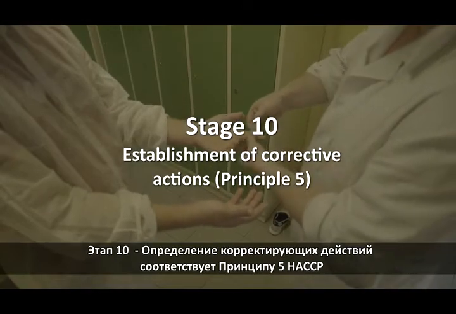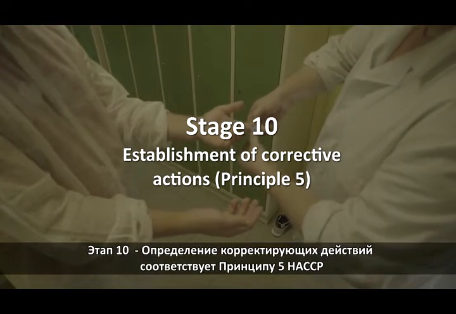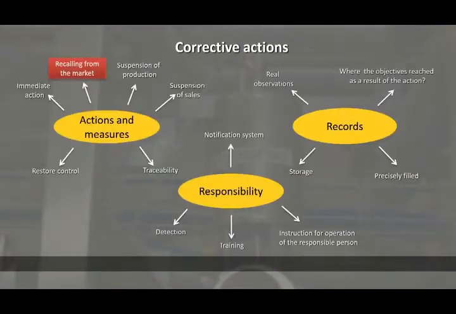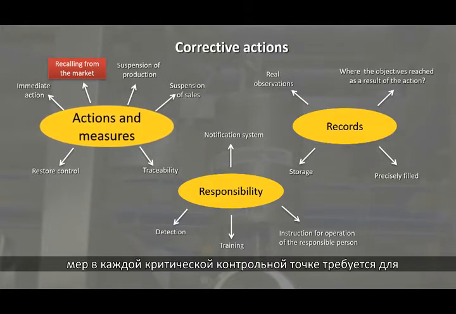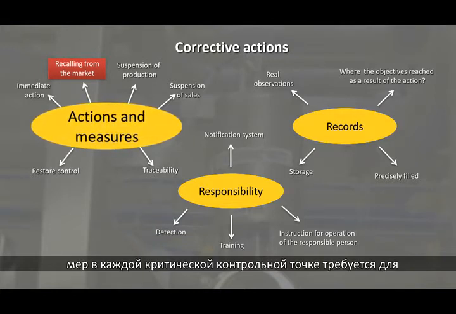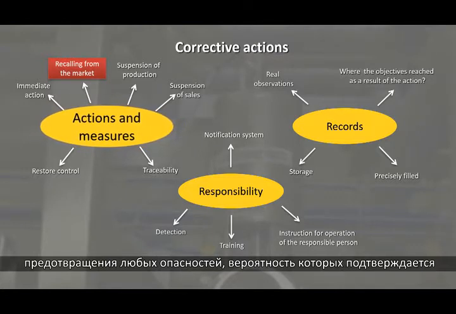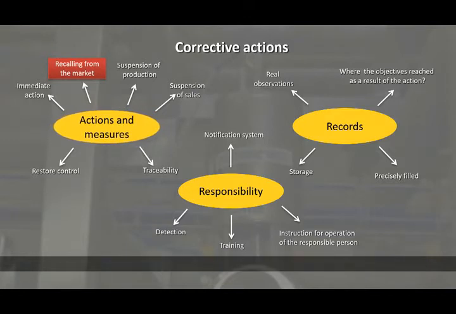Stage 10. Determining of corrective actions conforms to Principle 5 of HACCP. The determining of corrective actions or corrective measures at each critical control point is required to prevent any hazards, the probability of which is evidenced by approaching of critical limits or exceeding thereof.